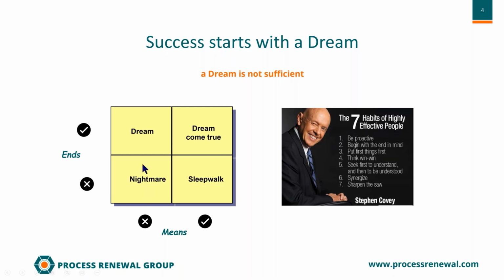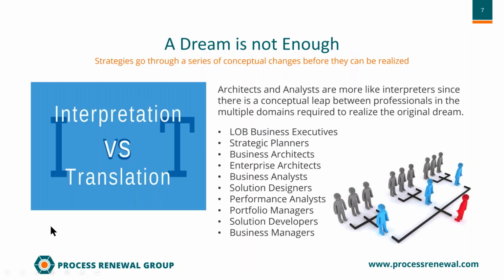I want to make sure that we actually get to this top right corner and the things that we're going to talk about. I hear a lot of people say that all we have to do as architects is translate those intentions into reality. I take a bit of an exception to that, because translation means trying to retain exactly what you had. It's really interpretation. An interpreter doesn't translate.